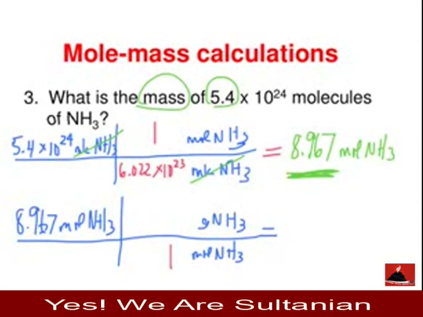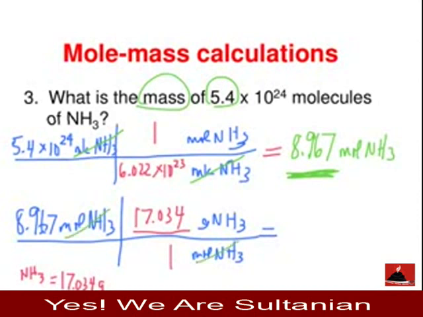So 1 mole of ammonia has a certain amount of grams. I got to again go over to the side and add up my nitrogen and hydrogens, and let me do that first. Alright, so 1 nitrogen and 3 hydrogens comes out to a total of 17.034 grams. So that's going to go up top. And now all I have is some math to do.